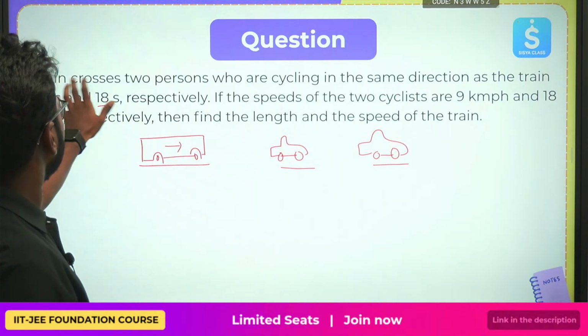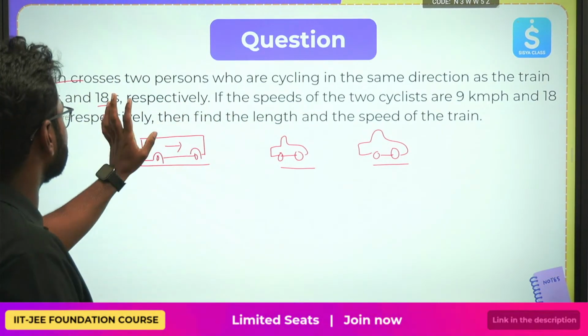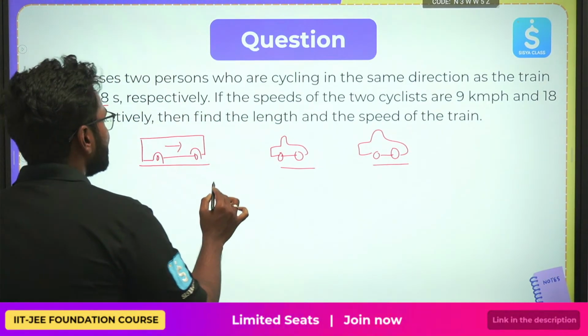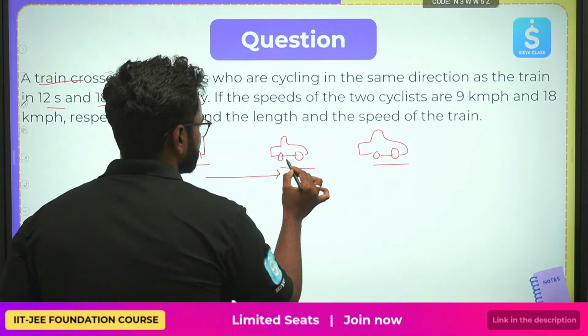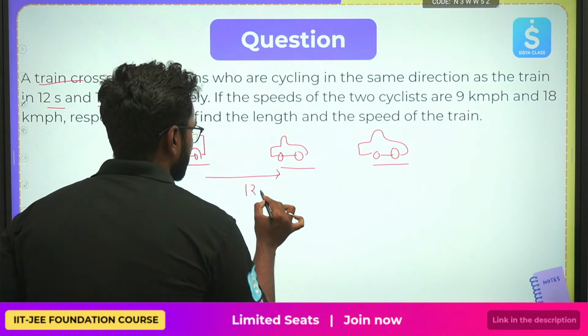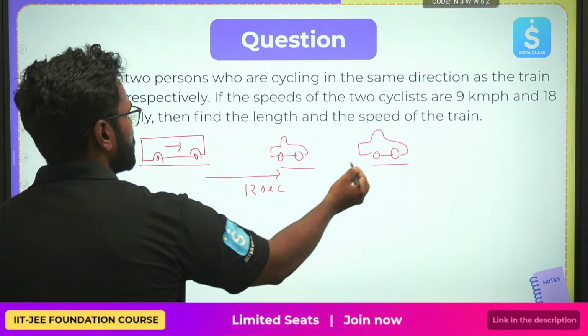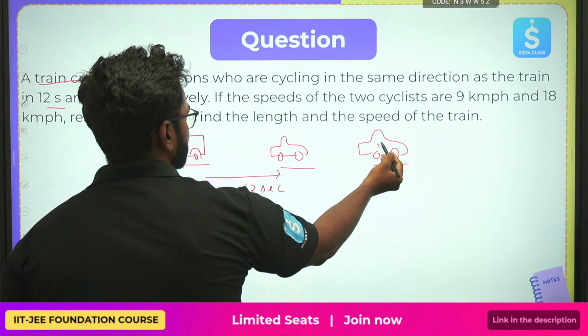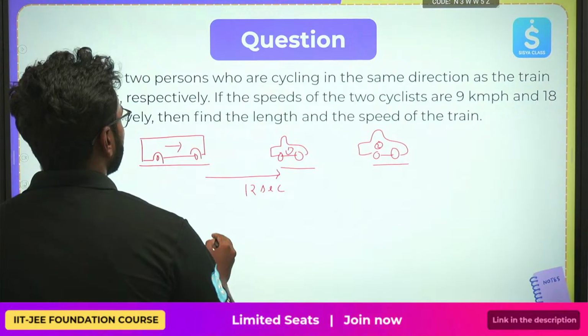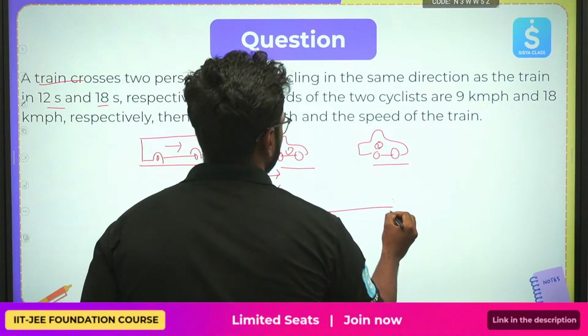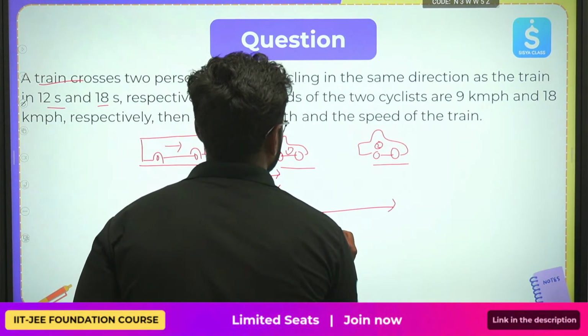Now, this train is crossing these bicycles in 12 seconds. To cover this bicycle, it is taking 12 seconds. Now, to cover this second bicycle, it is taking 18 seconds.